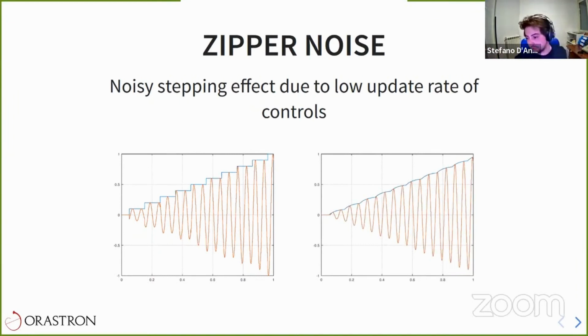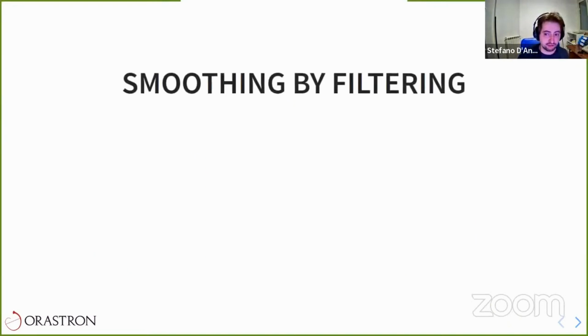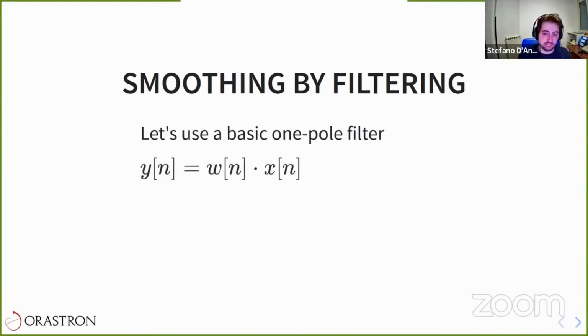If you can do that, you get the thing on the right, which, as you can see, changes a little more smoothly. This is called smoothing. The simplest way to do this smoothing is to use something called a one-pole filter, which is the simplest filter you can program in DSP. So instead of using a function as before, now we want to use another signal, so we are multiplying two signals.